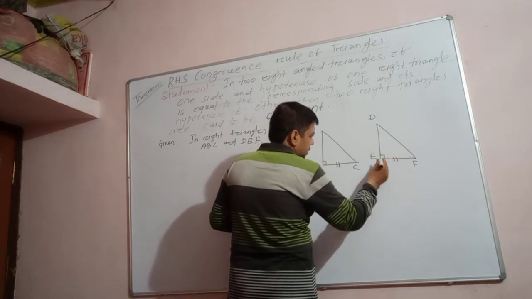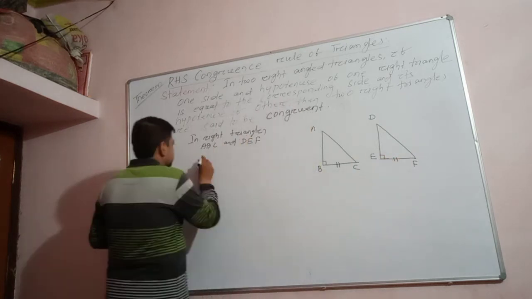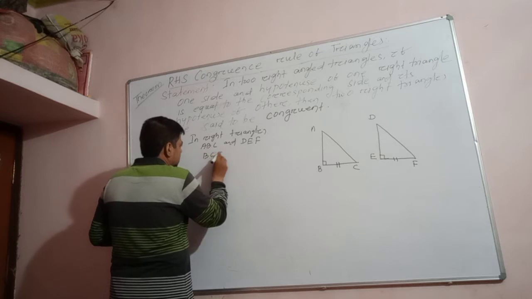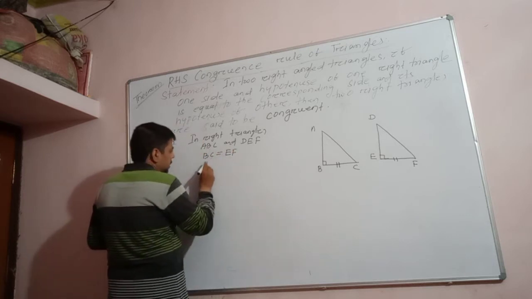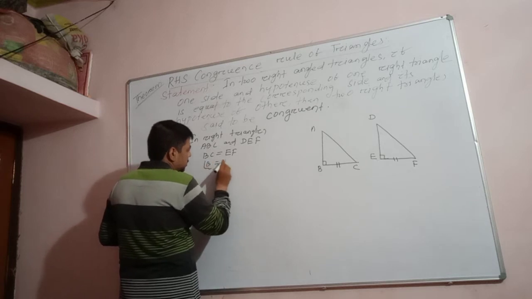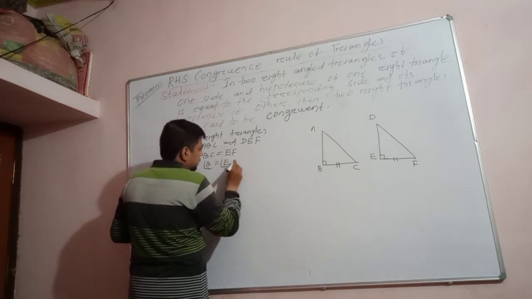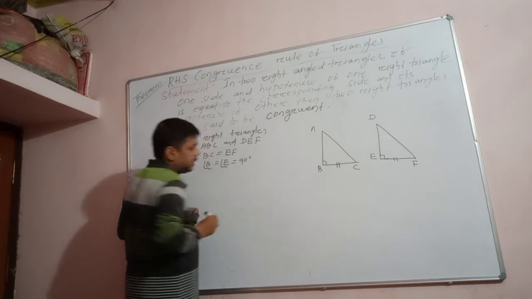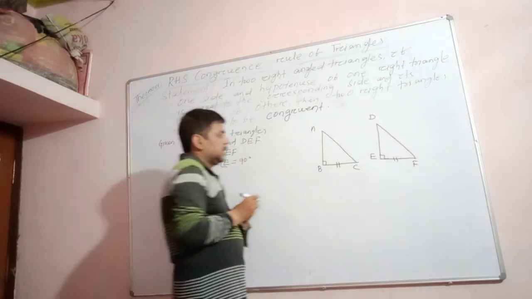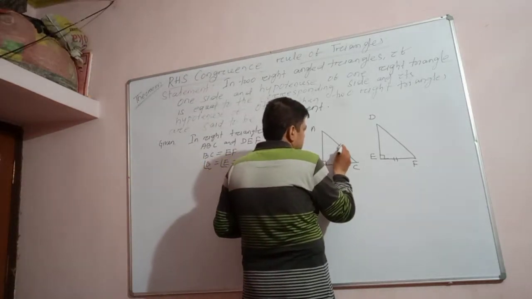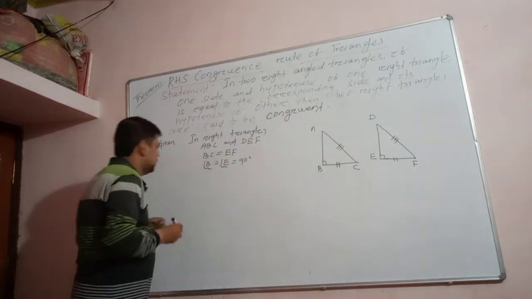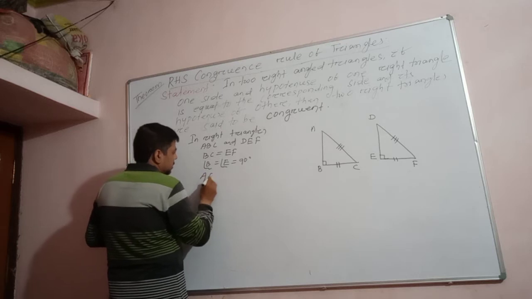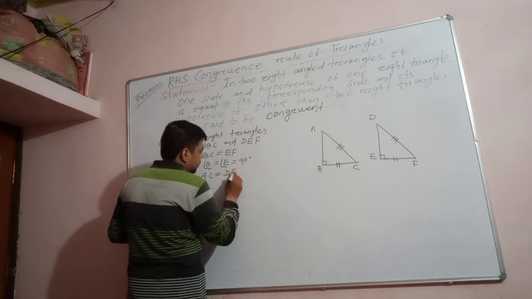And angle B is equal to angle E, which is 90 degrees because they are right-angled triangles. Again, the hypotenuse AC is equal to the hypotenuse DF.